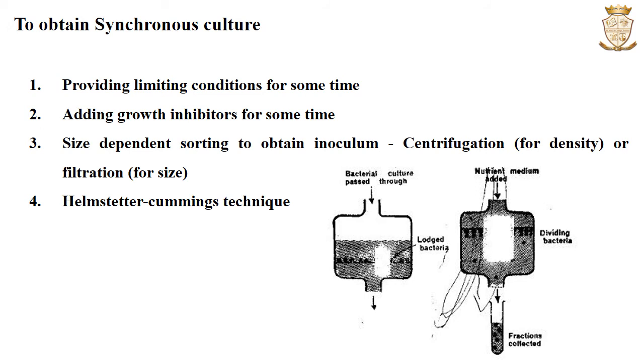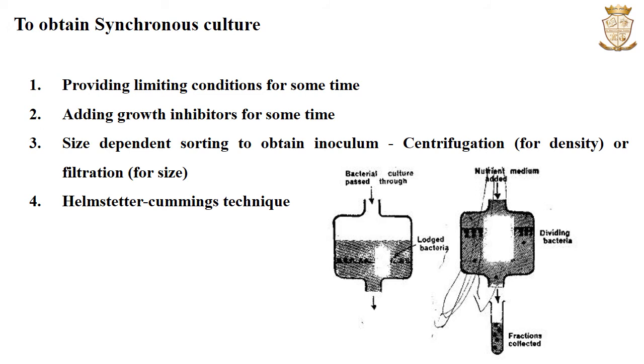Generally, under natural conditions as well as in normal laboratory conditions, the bacterial cells will be growing in a non-synchronous pattern. The cells will be growing and replicating at different time points. Even if they are growing at a normal growth rate, the cells will be dividing at different time points.